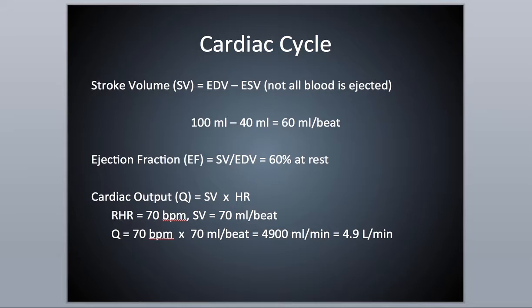And the best way to find this number is take end diastolic volume, the amount that was left in the ventricles after relaxation, and subtract the amount that was left over after contraction. All right, so not all the blood's actually going to be ejected. Now, it's good to keep improving this number, and becoming trained actually improves this number as well.